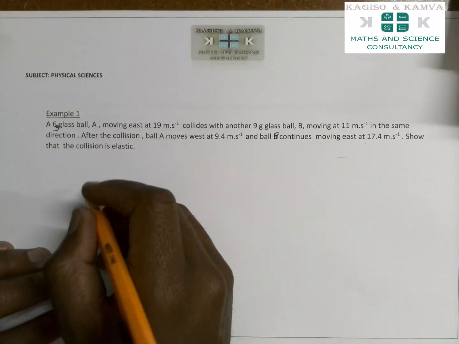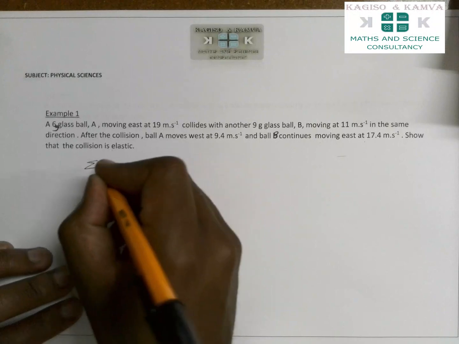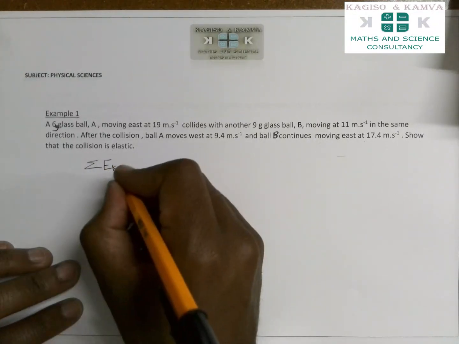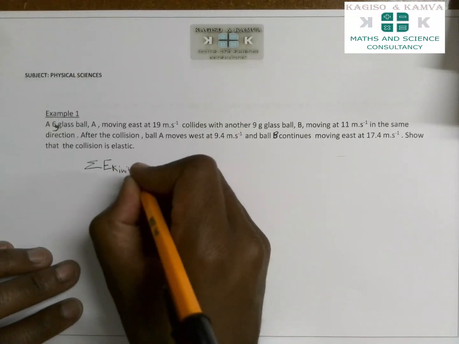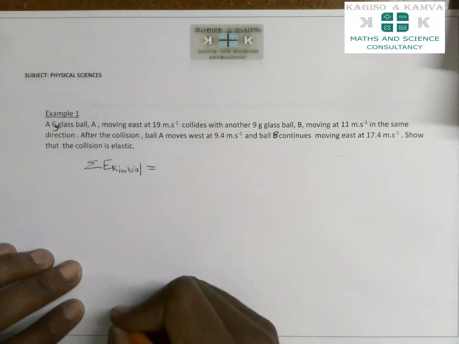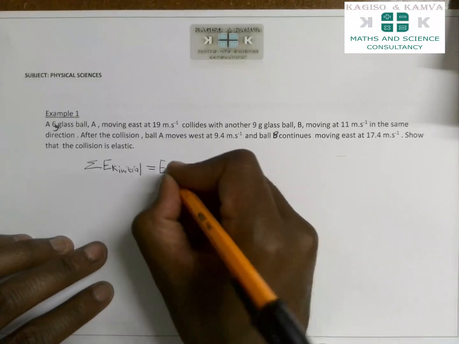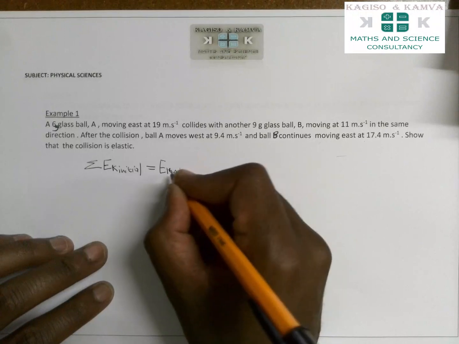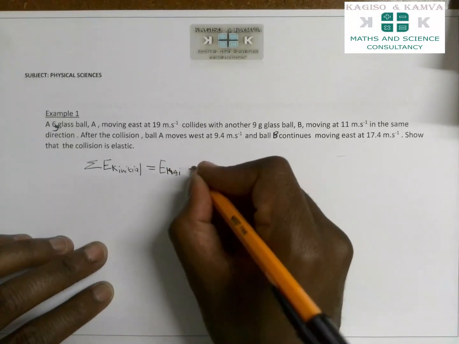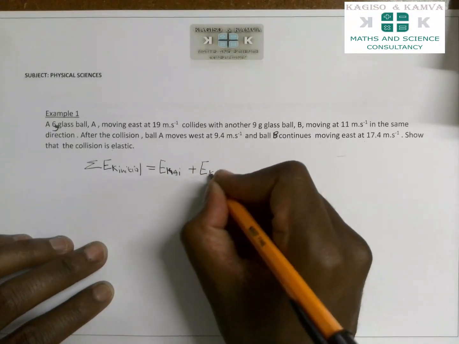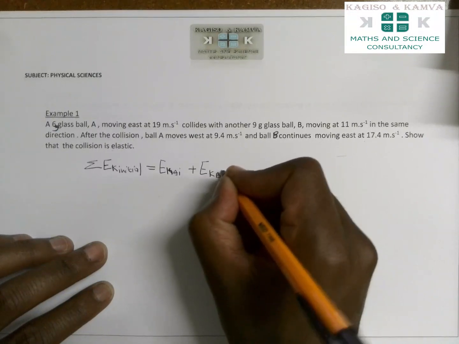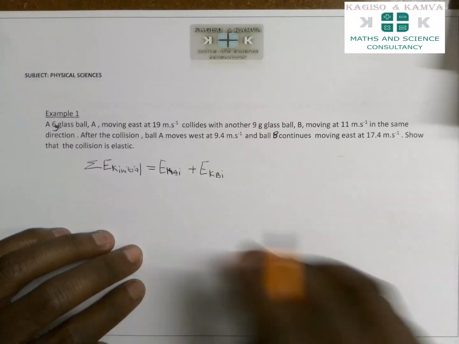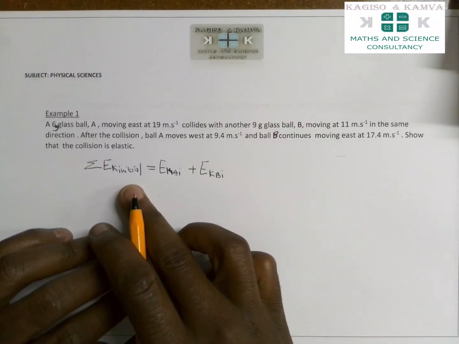We start by calculating the sum of EK initial. Okay, what will be that? That will be EK of A initial plus EK of B initial. That will be the sum of kinetic energy initial.